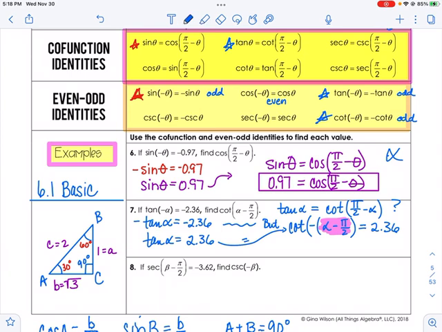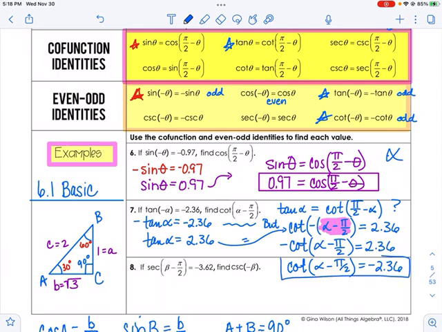So I can use that identity and say that's equal to the negative of cotangent of alpha minus pi over 2. And so then that is equal to 2.36. So the cotangent of alpha minus pi over 2 is then equal to negative 2.36. And there's your answer right there.